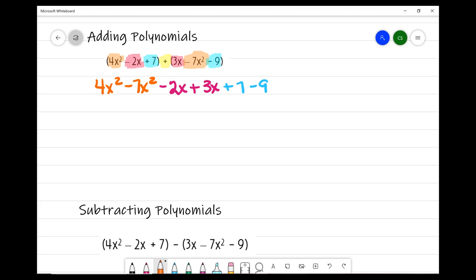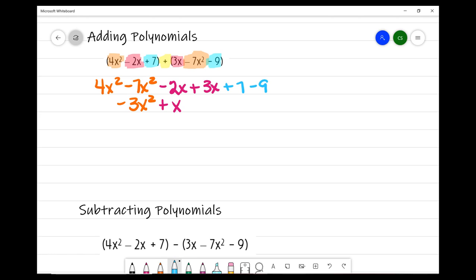So 4x squared minus 7x squared, the coefficients are 4 minus 7, which gives me negative 3x squared. Negative 2x plus 3x, the coefficients are negative 2 and plus 3, so it gives me a coefficient of 1.